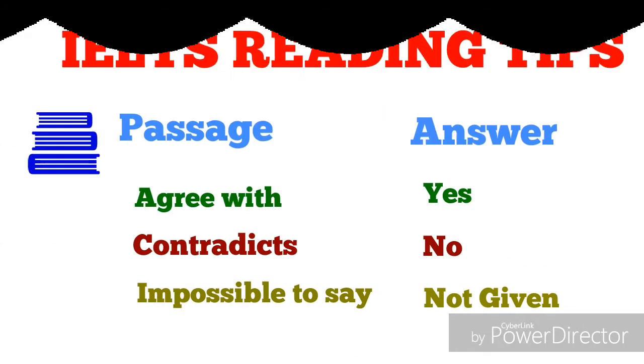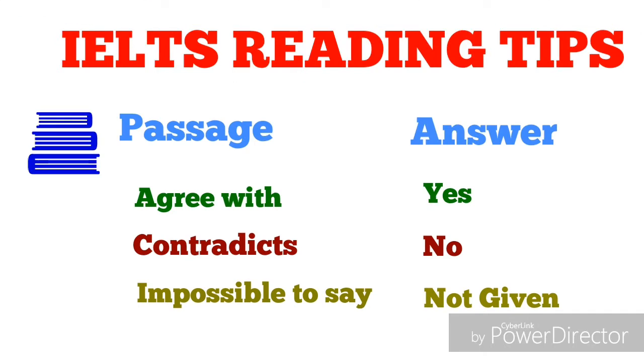For not given, it is no information. That is, the information in the statement is not mentioned in the passage. It is usually seen that candidates have trouble in finding not given questions, and sometimes they get confused with the false questions.